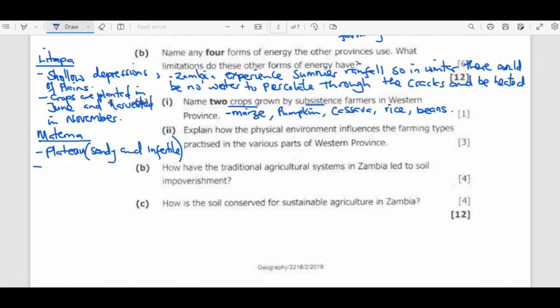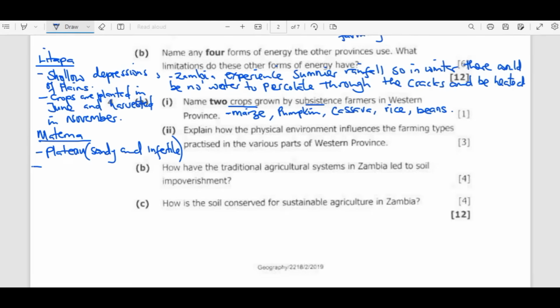So Matema means to cut. Meaning that they cut branches of trees. After cutting them, those are dried up, then they are burnt. When they are burnt, the ashes are used to improve the soil.